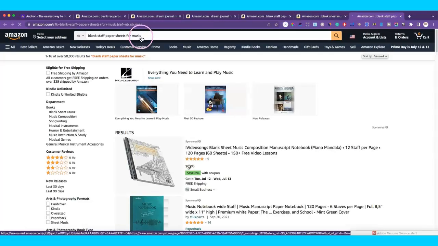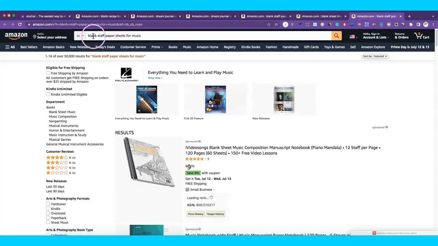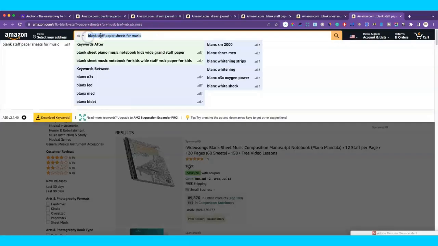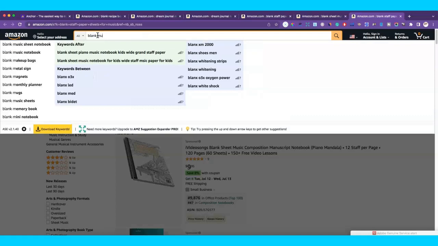I wouldn't do this unless I could find a way to niche down enough, or just take a chance. I wouldn't take a chance with these, but I could also do blank sheet paper.